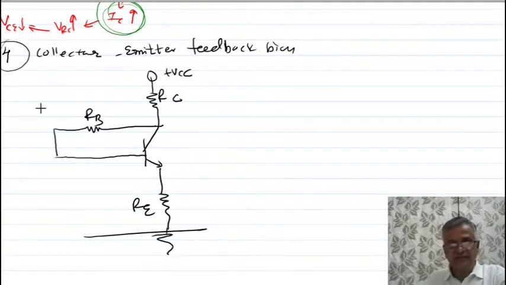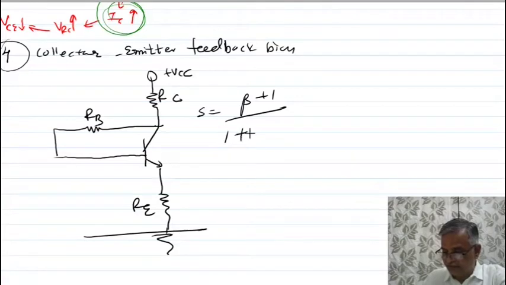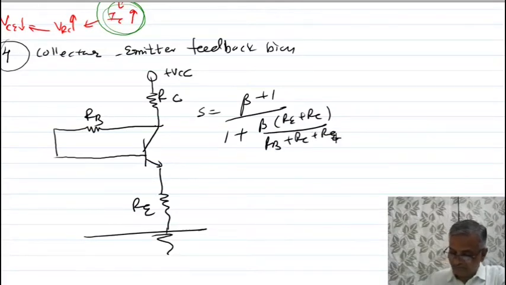This collector emitter feedback bias circuit gives very good stability compared to all the above three circuits. The equation of the stability factor is given by 1 plus beta (RE plus RC) upon (RB plus RC plus RE). You have to add the collector to base bias circuit discussion and the emitter feedback bias circuit discussion.